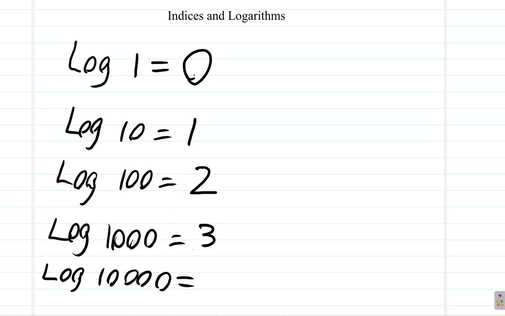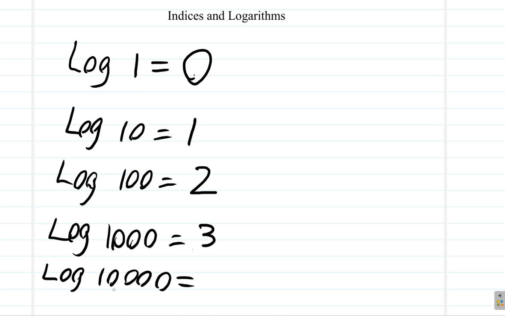When we have log 1000, we get 3, and there are 3 zeros in 1000. When we have log 100, we get 2, and there are 2 zeros in 100. When we had log 10, we get 1, and there is 1 zero in 10. And when we found log 1, we get 0, and there is no zero in 1.